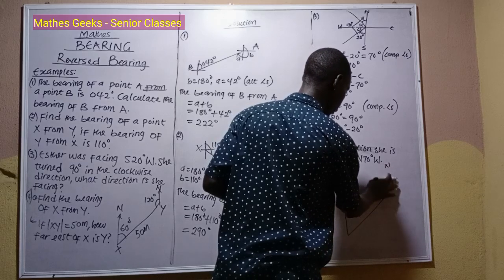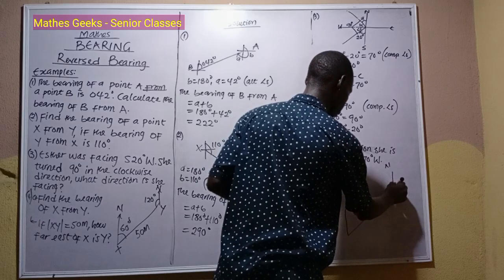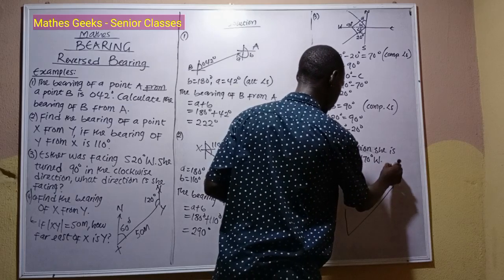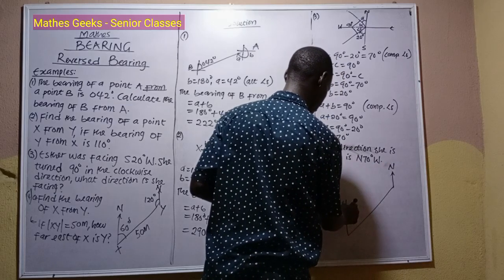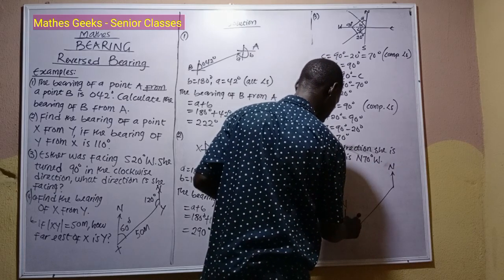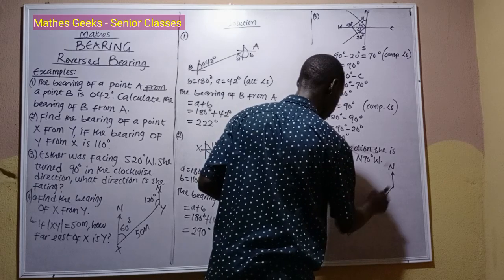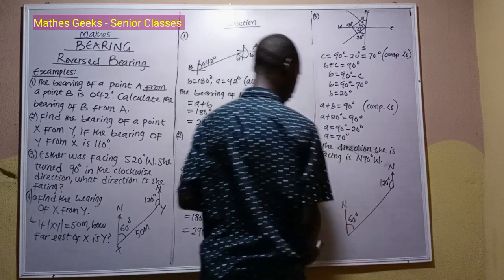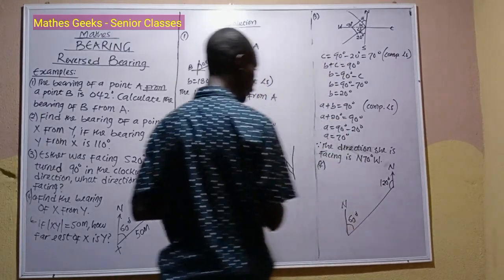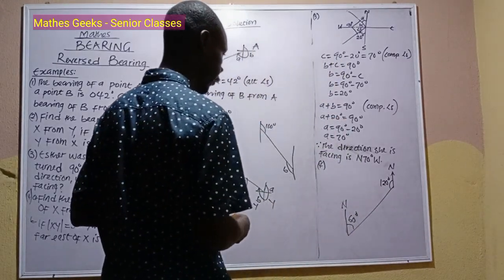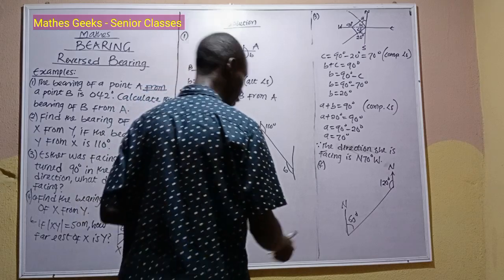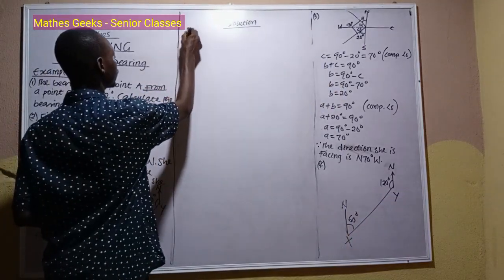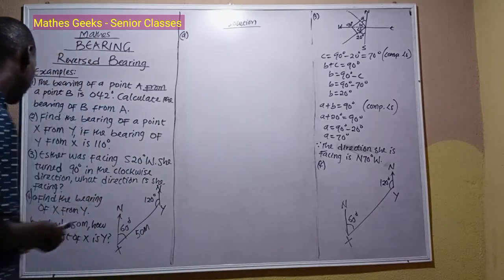The angle is 60 degrees, and 120 degrees. Okay, so the bearing of x from y, this is x, and then this is y. Find the bearing of x from y.